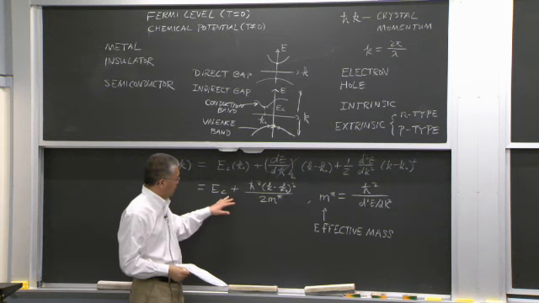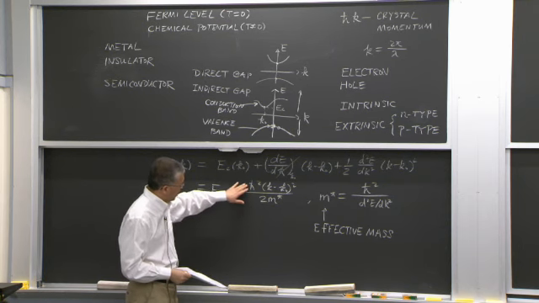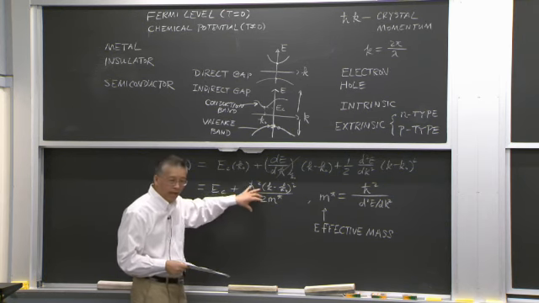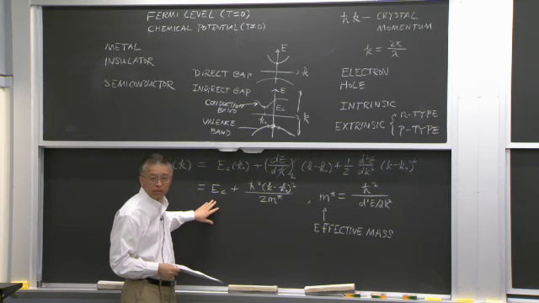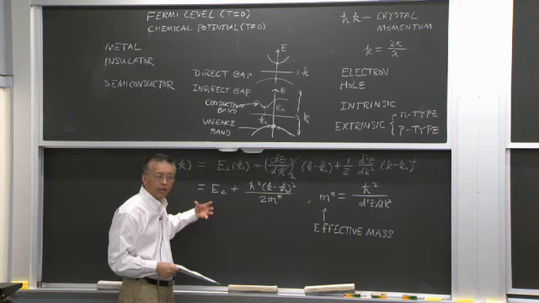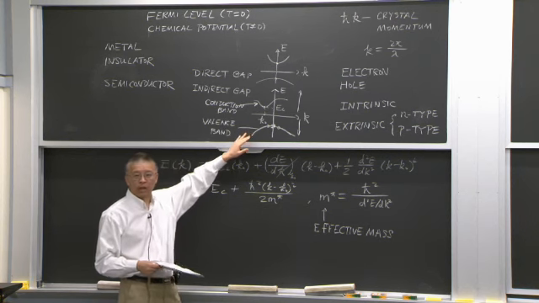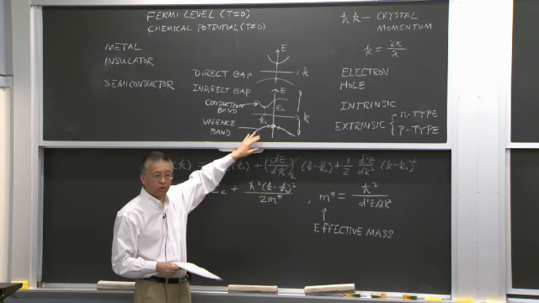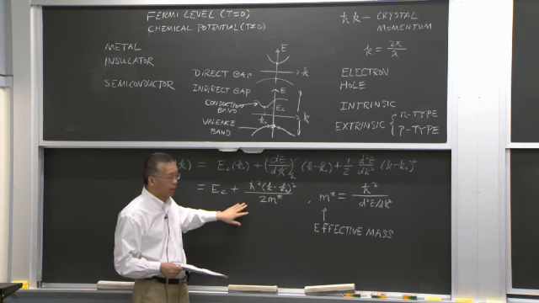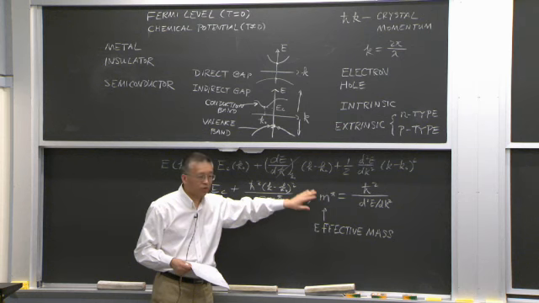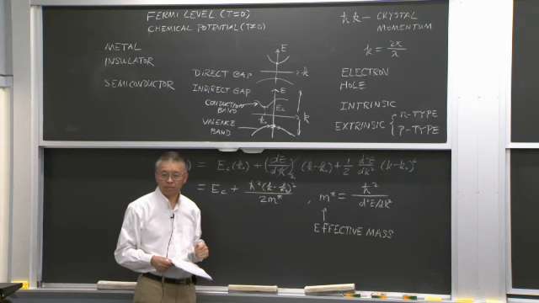And using this effective mass, this is ħk, more like a kinetic energy term, and this is a potential energy term. So I can now describe the electron in this small band as essentially transporting inside the crystal as a free electron, but with a different mass, m star.